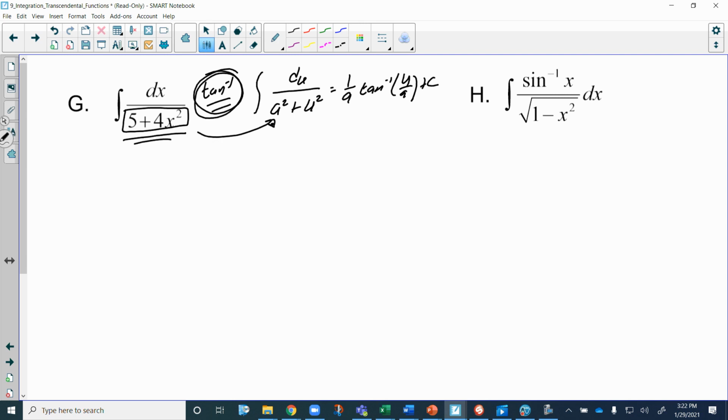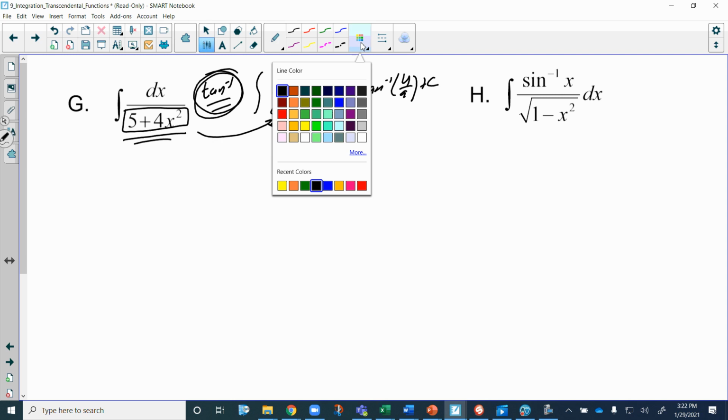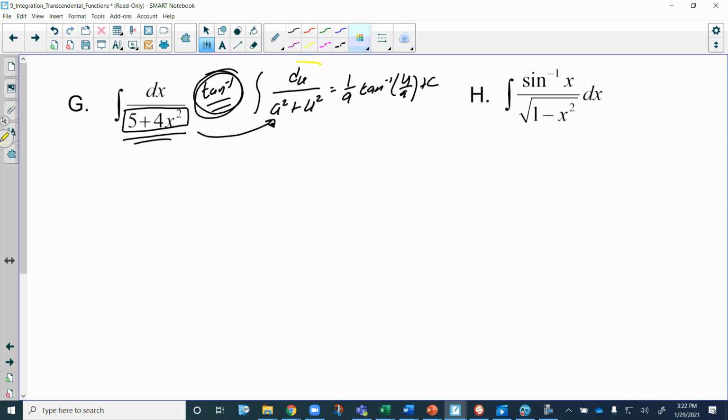Okay, so because we're using this for arctan, here u squared is going to be the 4x squared. So that means u would be equal to 2x, and du would be equal to just 2 dx, which doesn't match what we have in the original integrand.